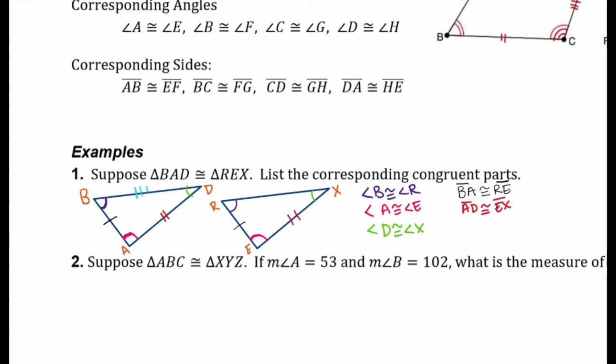Then we're going to go to that longest side, and BD will be congruent to RX. Make sure when we're doing line segments, we draw a line on the top of the 2 points. So BA would be a line. We're going to put a line on top when we write it because it's a line segment.